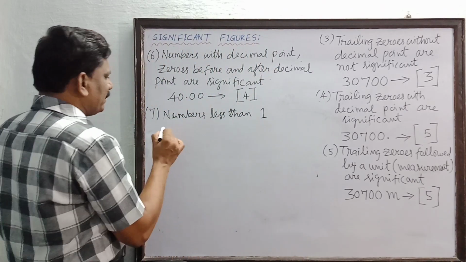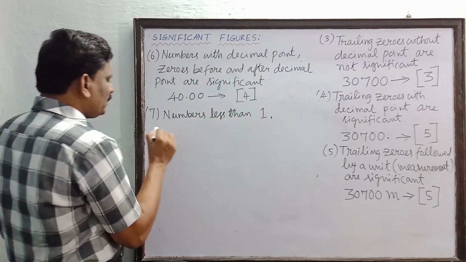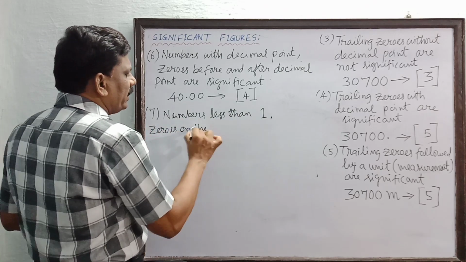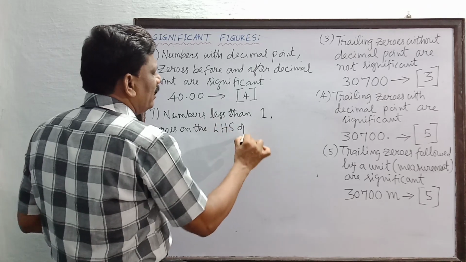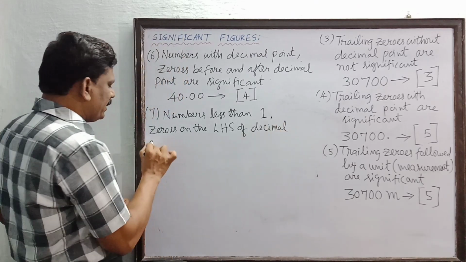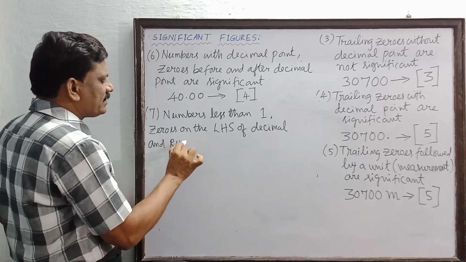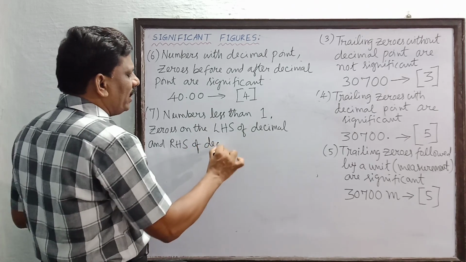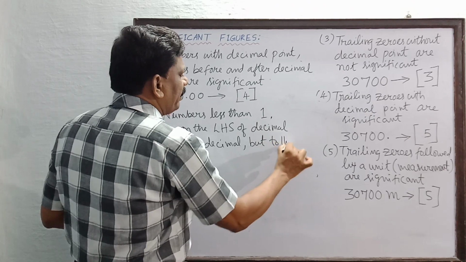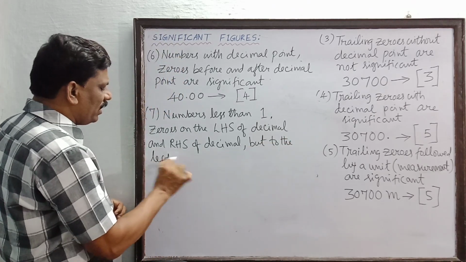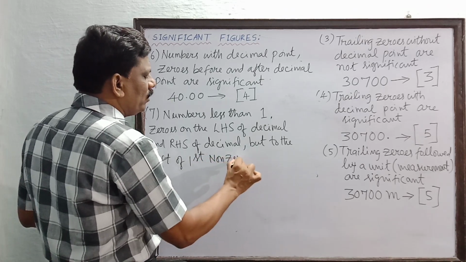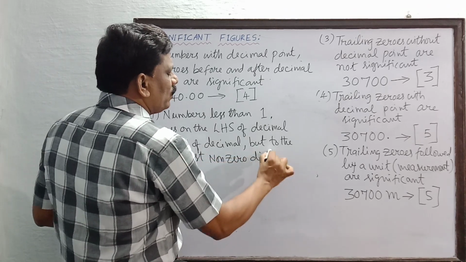Zeros on the left hand side of the decimal and the right hand side of the decimal, but to the left of the first non-zero digit.